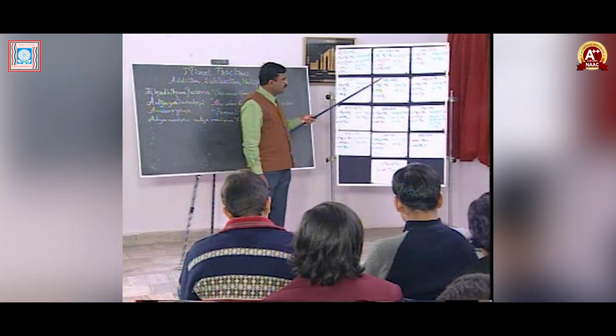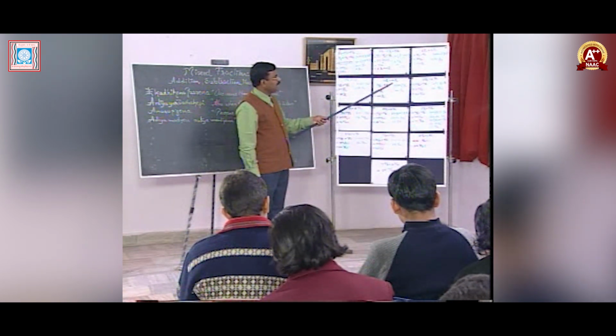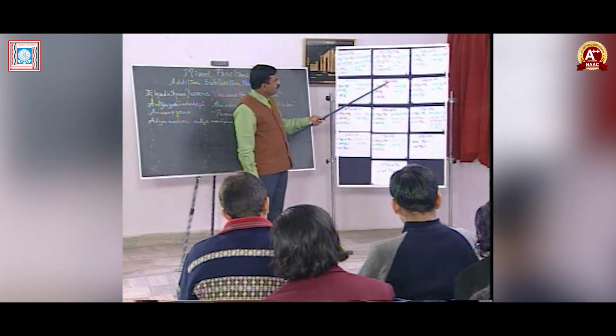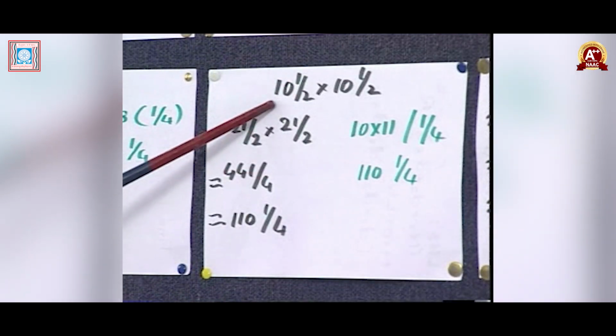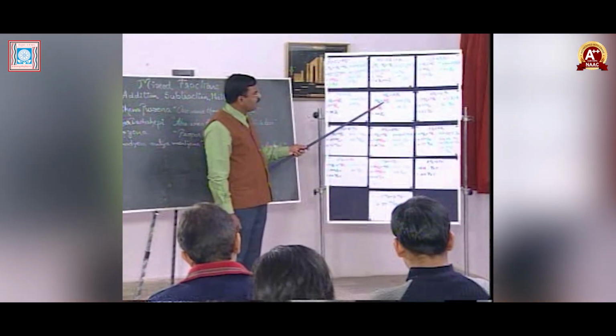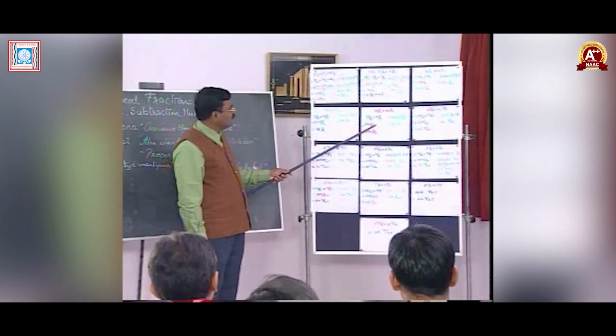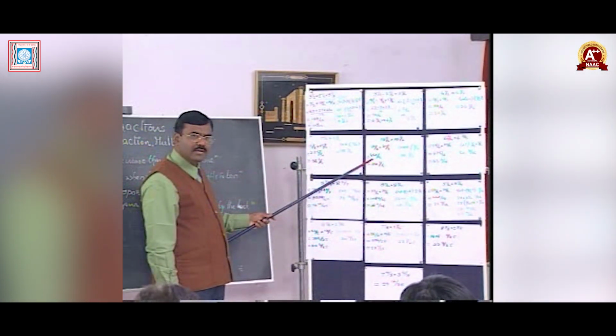We will do one more. 10 integer 1 by 2 multiplied by 10 integer 1 by 2. If you do it by the conventional method, you convert this 10 integer 1 by 2 into 21 by 2 multiplied by 21 by 2. It becomes 441 by 4.